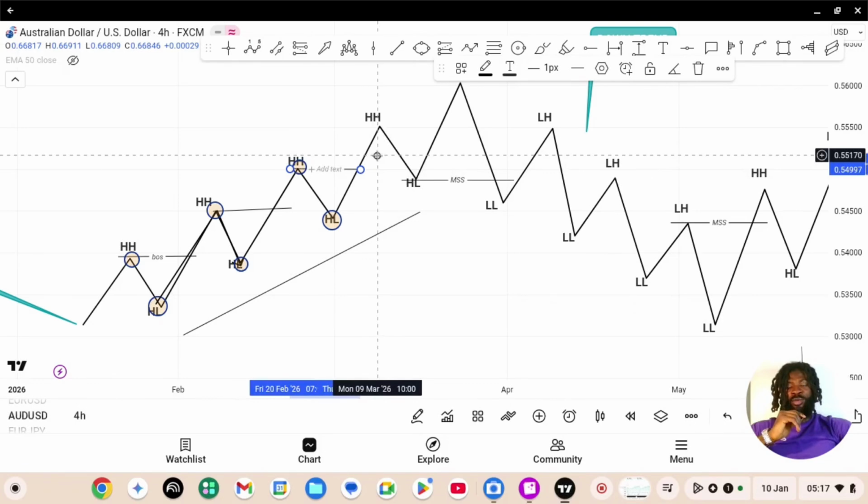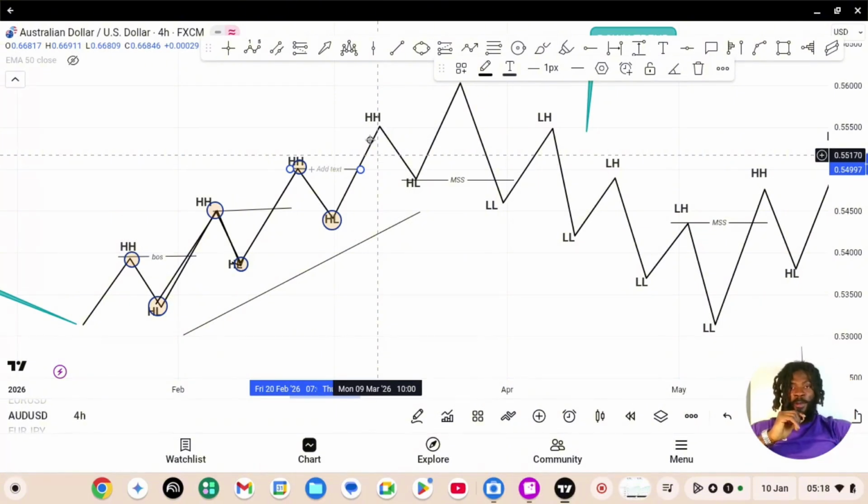That's just how to know an uptrend. And when you see the market is in an uptrend, it's always advisable to be looking for buying opportunities. It's better for you to follow the trend.